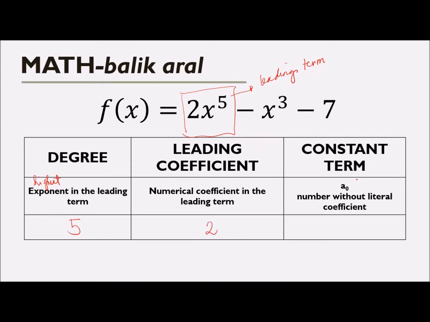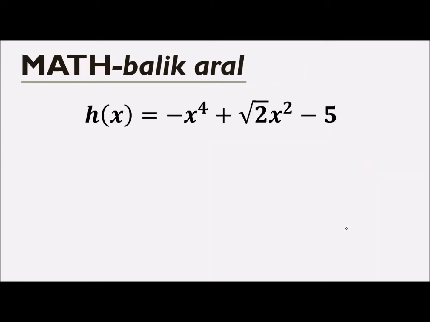And then the constant term is the term without a variable, just a number. A constant should not change, because if we have a variable, the value could change. So here, there should be no variable beside it. So that is -7.